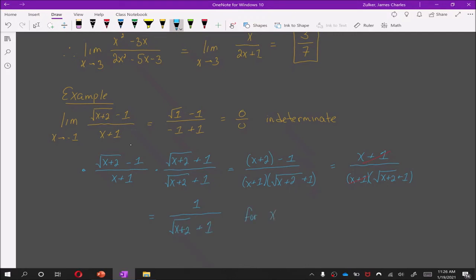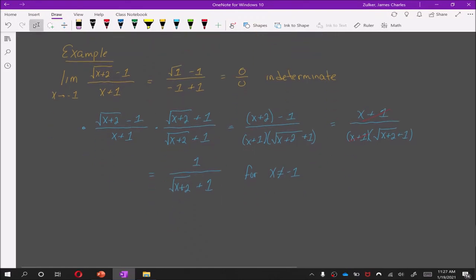And this would only be valid when x is not equal to negative 1. Again, this allows us to use our proposition to say that our original limit is equal to the limit of this new function.